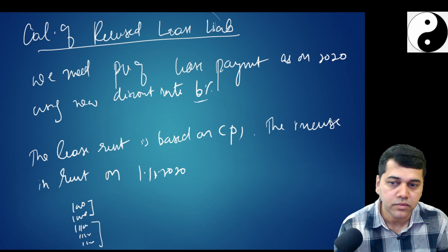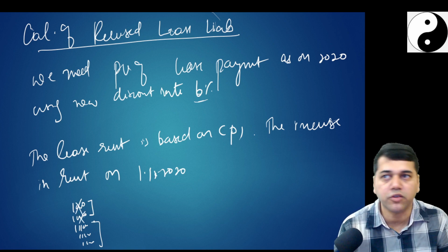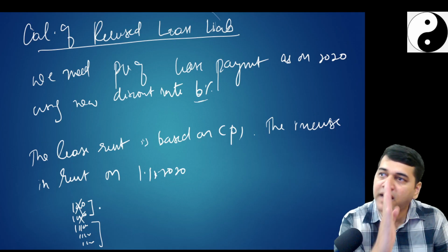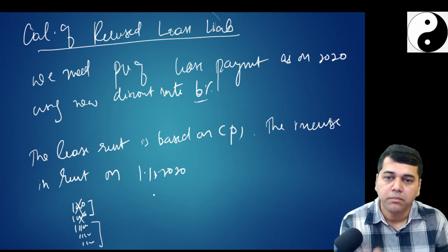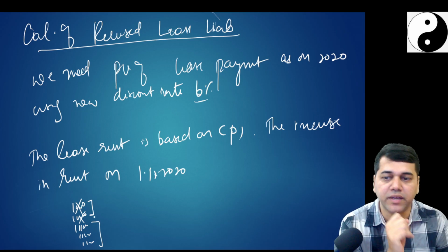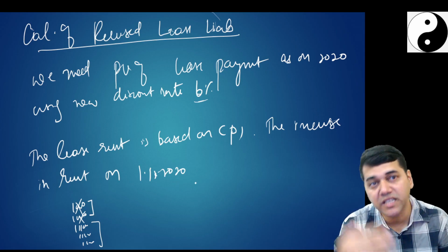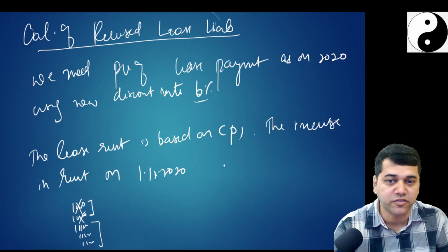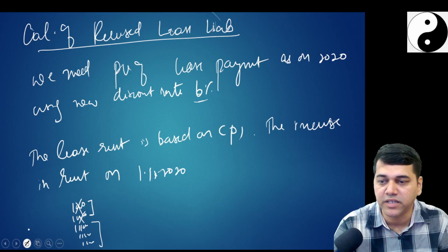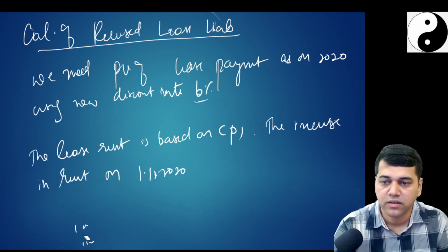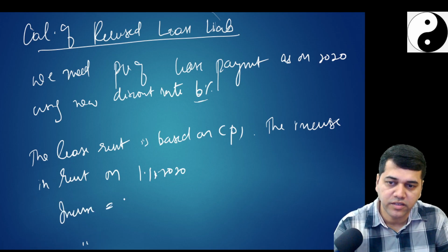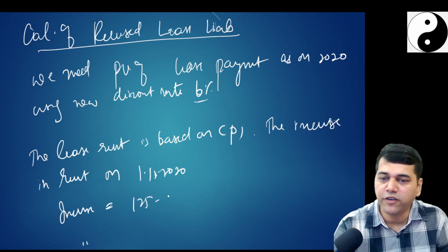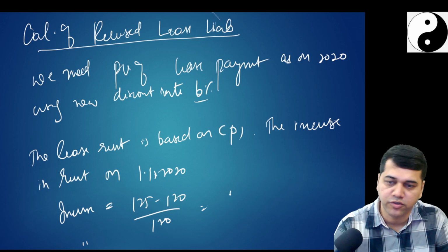But my problem is this is not 1 lakh, 1 lakh, because at the same time that when I opted for extension, my lease rent also changed because of the CPI. Can you tell me by how much percentage it's going to change? 4.167%. So increase percentage is equal to 125 minus 120 divided by 120 is equal to 4.167%.